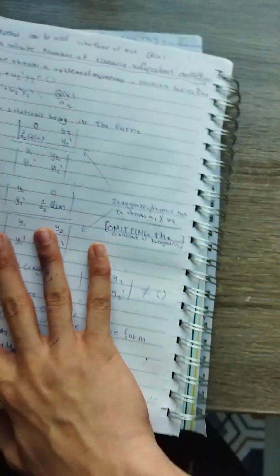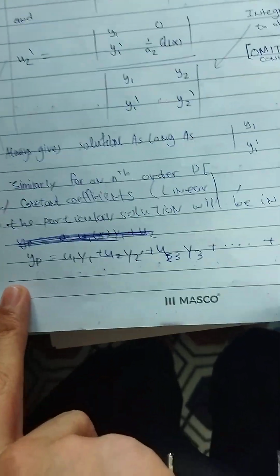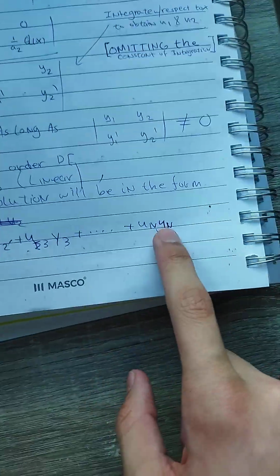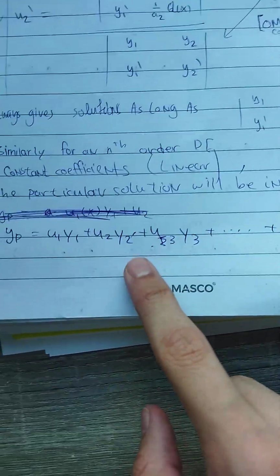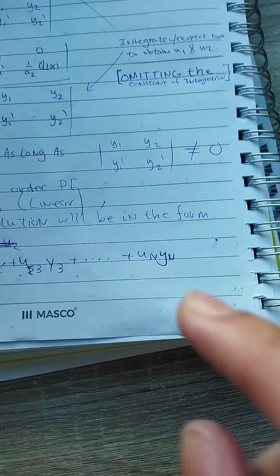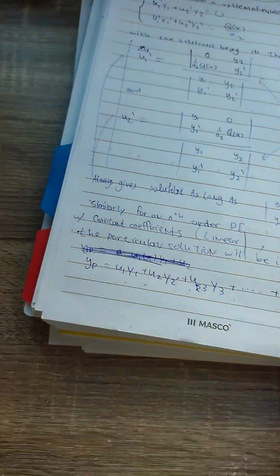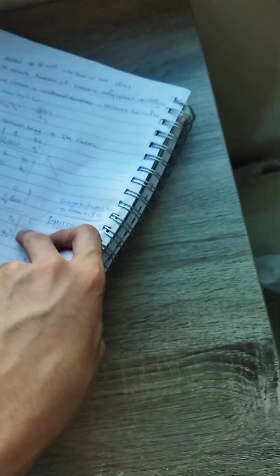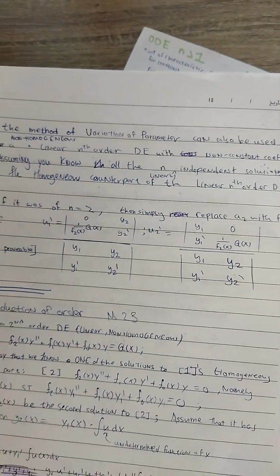And if it was nth order, then you would similarly do the same, but now you have n terms, so u1 y1 plus u2 y2 plus u3 y3 till n. And that's basically what the variation of parameters method is, right?